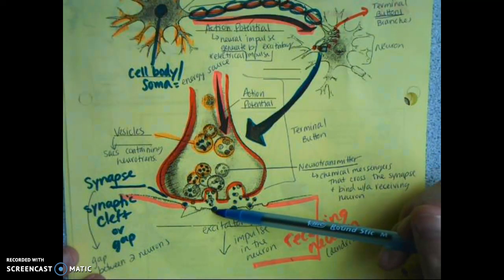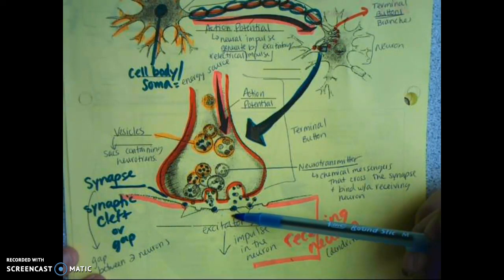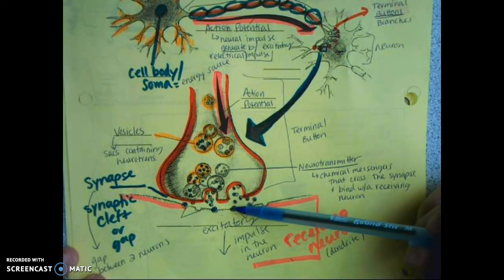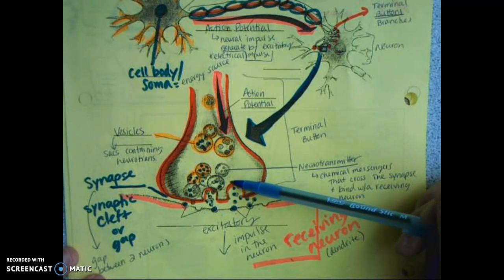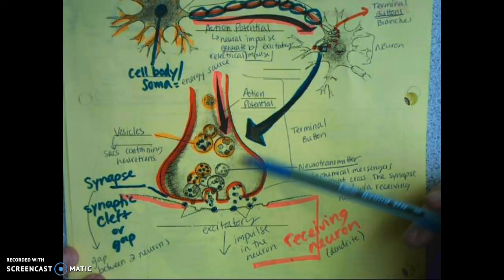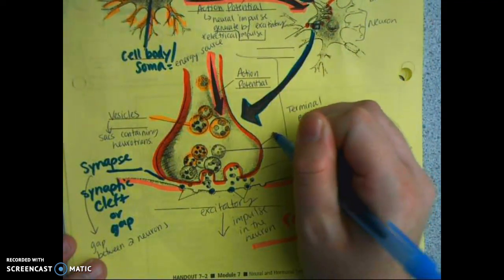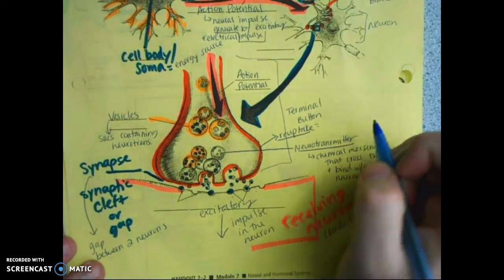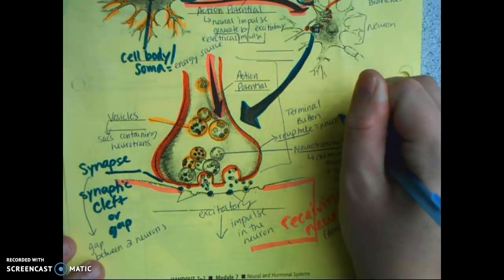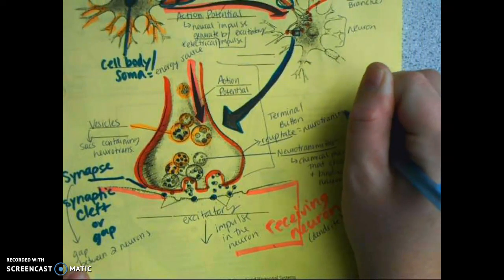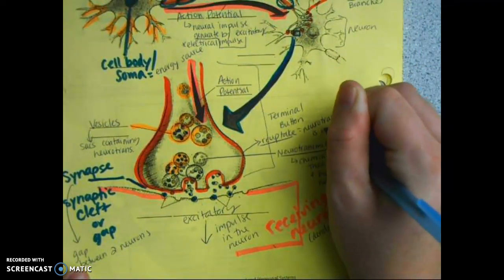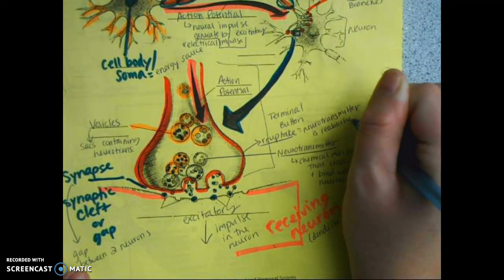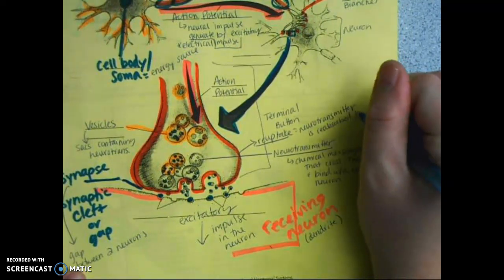Okay? Once these receiving neurotransmitters bind, they will basically disembark, if you will, and they will actually be reabsorbed back into the terminal button, right? That's a process called reuptake. Okay, so the process of reuptake is when a neurotransmitter is reabsorbed by the sending neuron.